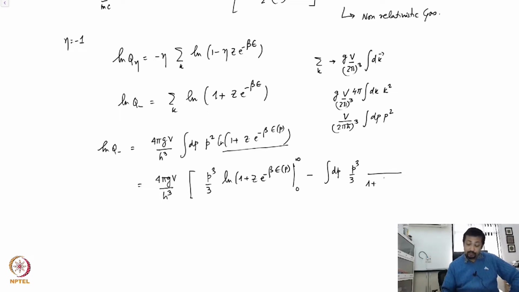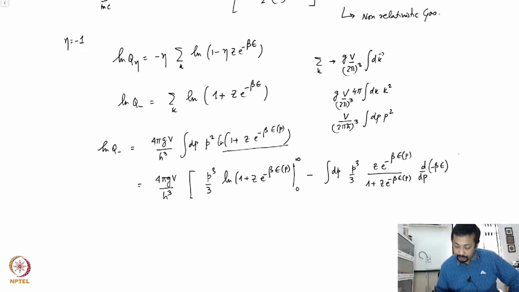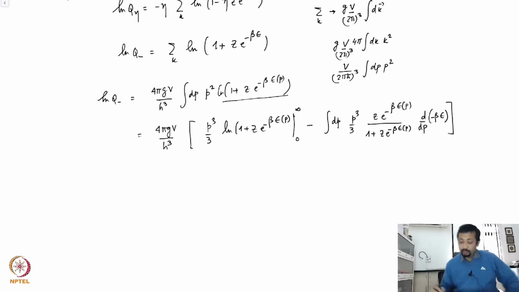So that is going to be z e to the power minus beta epsilon(p) over 1 plus z e to the power minus beta epsilon, and then I have d/dp of minus beta epsilon. It's understood that epsilon is a function of p.